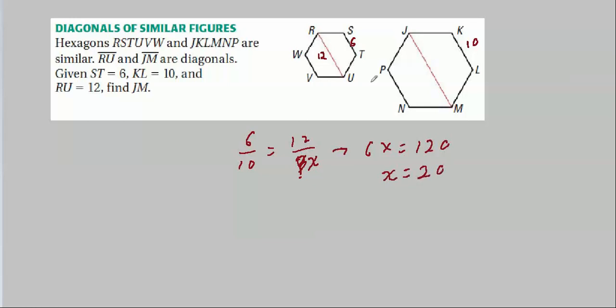Or you could have just spotted the fact that 12 is 2 times 6, so multiply 10 by 2 and you put 20 down here, and the ratios will be equivalent. But all you need to do is recognize the fact that diagonals follow the same scale as the polygons with respect to similarity.